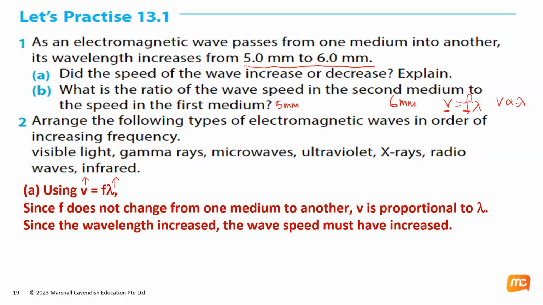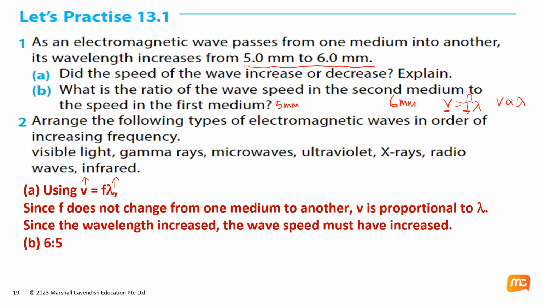That is because frequency remains the same. So if I want the ratio of the second medium to the first medium, I will just take 6 divided by 5. 6 to 5, that is the ratio.